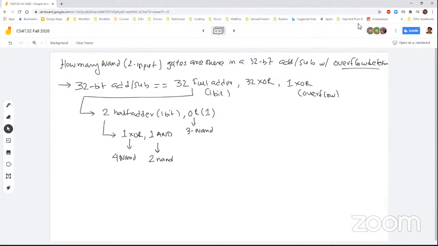So that means this guy has 4 plus 2, 6 NAND. So 12 NAND here. Okay. So that means this guy will have 32 multiplied by 12 plus 3, 15 NAND.